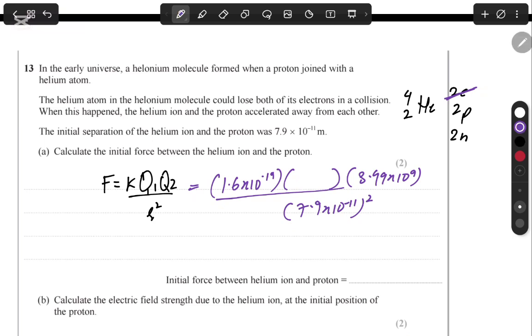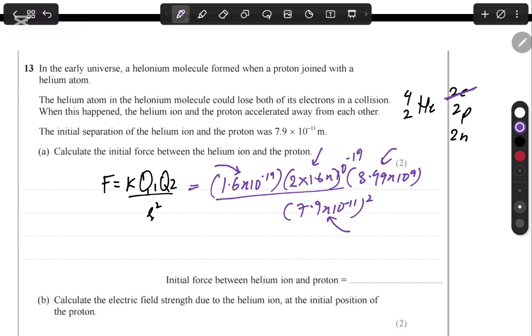So right now, the helium ion has a charge equal to the charge of 2 protons. So I'm going to do 2 times 1.6 times 10 to the power of minus 19. That is the charge on the helium ion. Of course, neutrons have no charge. And then you have the charge on the proton, K, separation squared.